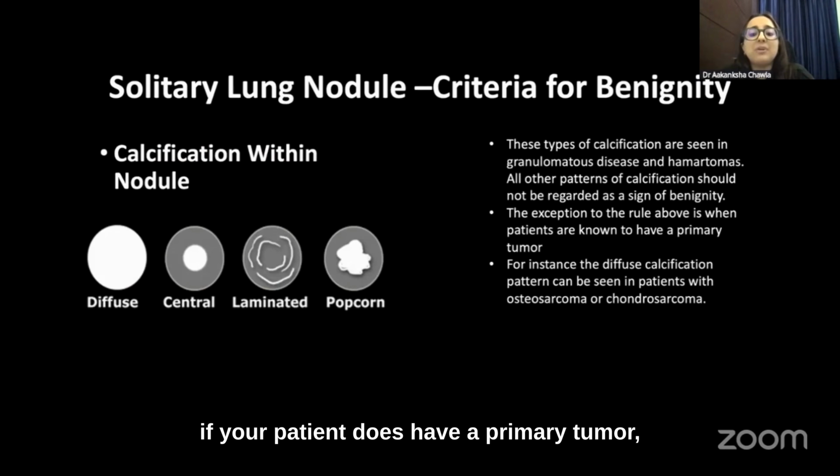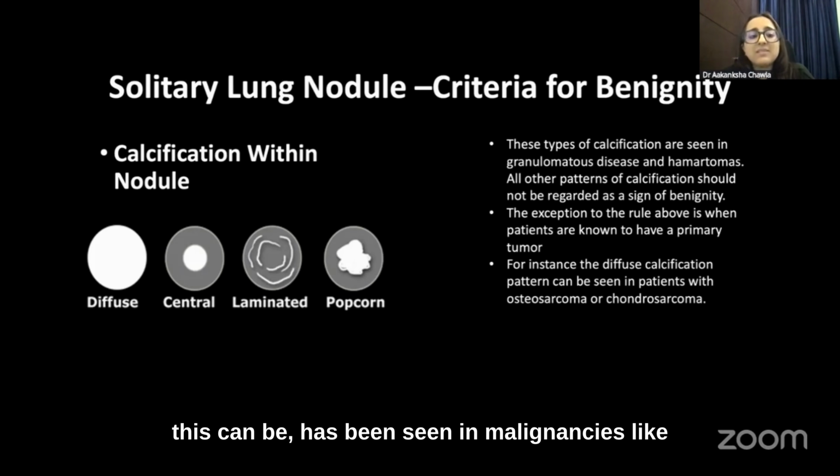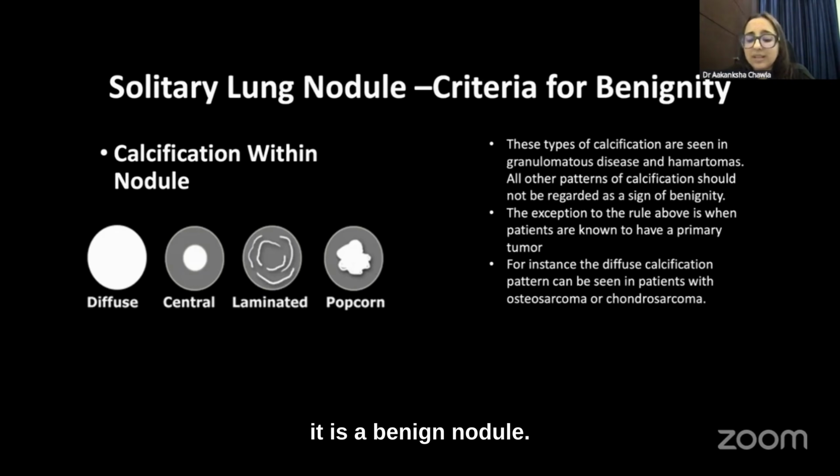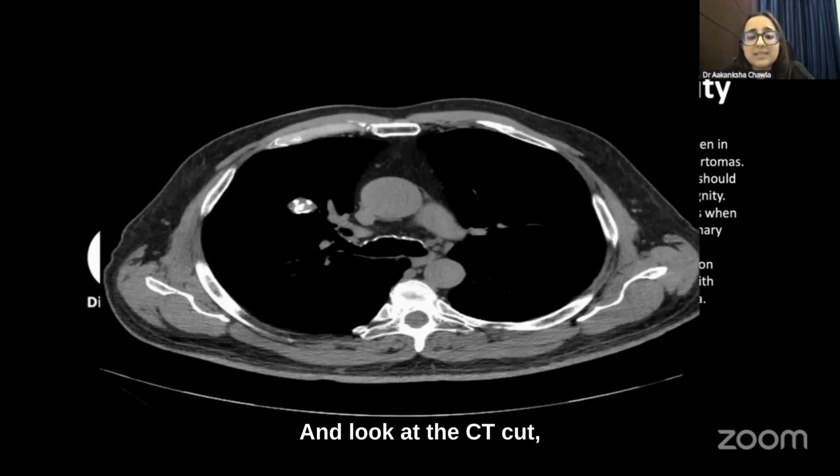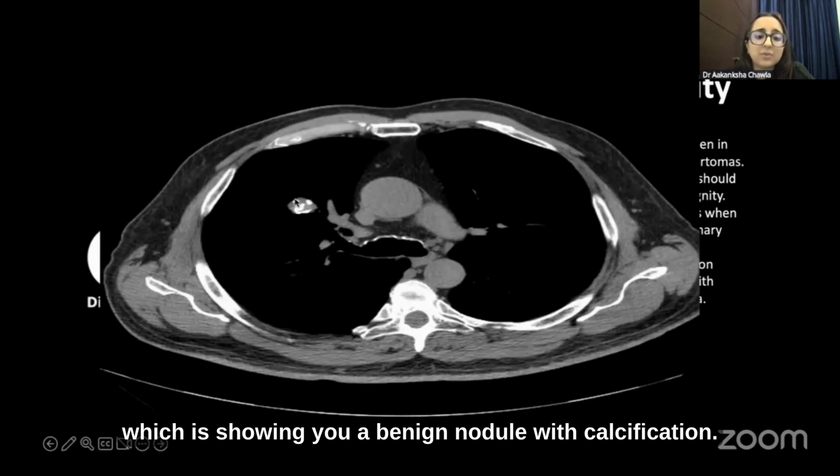However, if your patient does have a primary tumor, then there can be an exception in that particular patient, and this has been seen in malignancies like osteosarcoma and chondrosarcoma. So remember that if the calcification is diffuse, central, laminated, or popcorn, it is a benign nodule. And look at this CT cut, which is showing you a benign nodule with calcification.